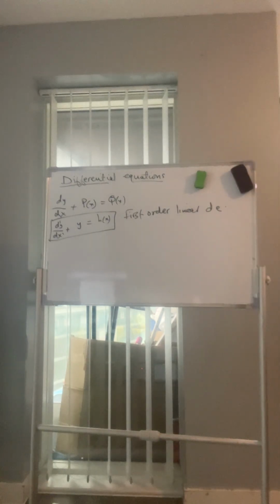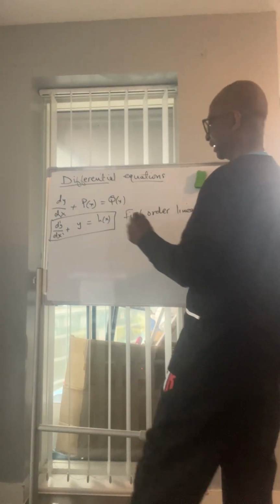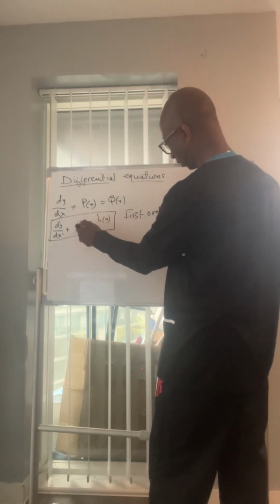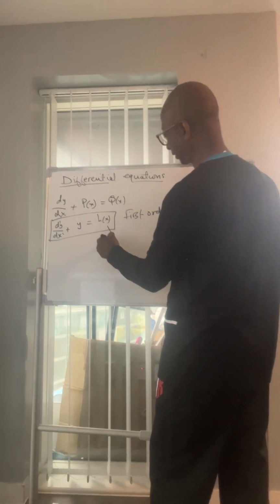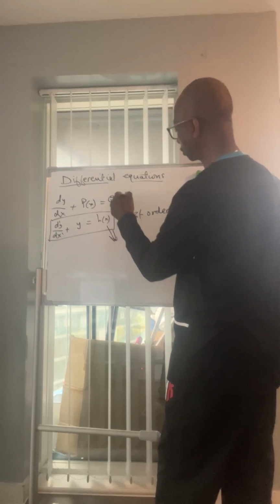So now, I also want to extend my classification by saying that if this function here after the equality sign was 0, then this is going to be homogeneous.